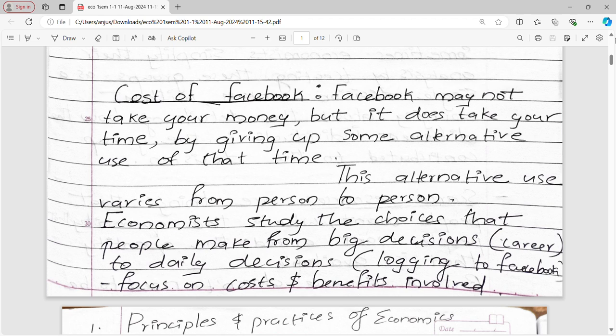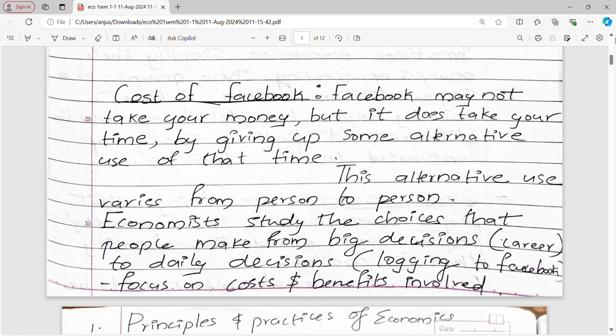This alternative use can be dancing, music, watching a cinema, reading a novel, anything. It differs from person to person. So by giving up that time, you scroll Facebook and watch Instagram. So it is not free. You're giving up some other hobbies here. This alternative use varies from person to person.